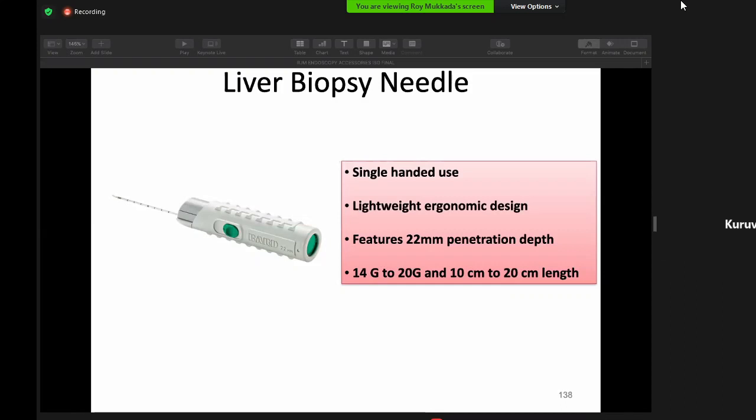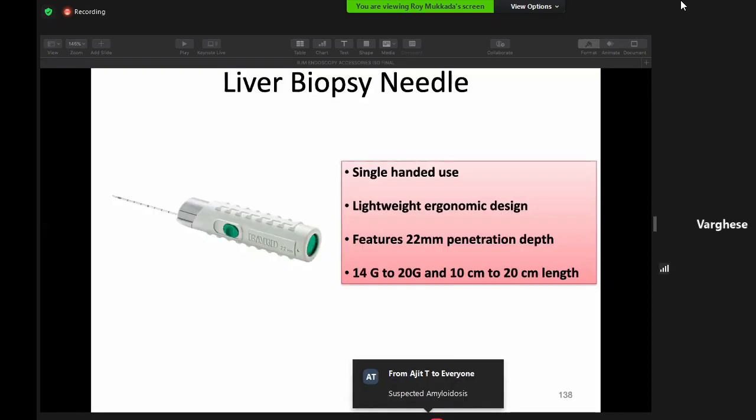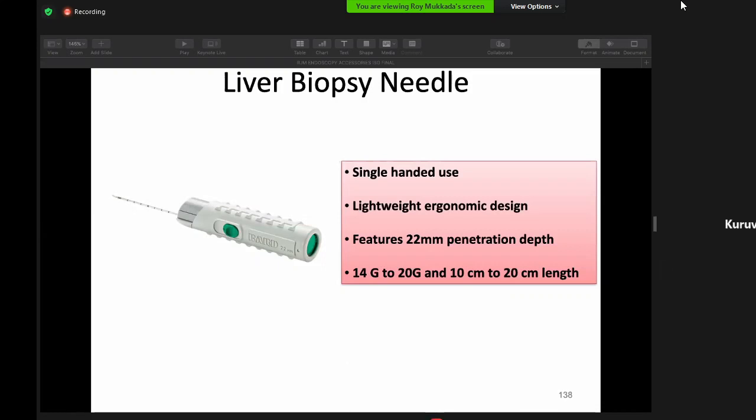Hemobilia, sir. How will you diagnose hemobilia? Ultrasound or CT scan. What is the diagnostic feature of hemobilia on imaging? Hyperenhancement can be seen. Enhancement, because of the arterial bleed inside the bile duct, sir.